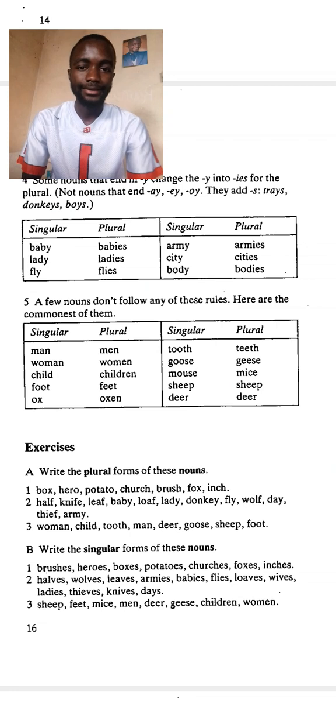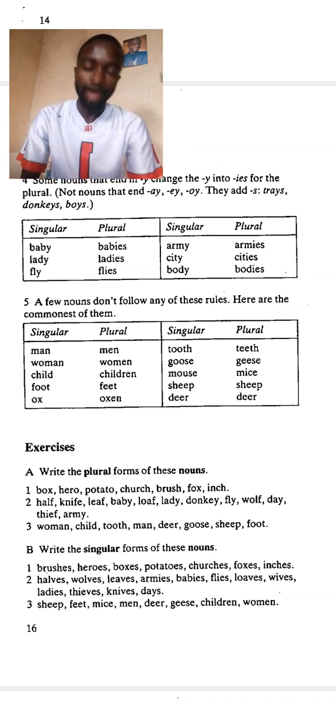Child changes to children. Now, don't say childrens, because the word children is already in the plural form. It's an irregular plural. Foot, feet is the plural.